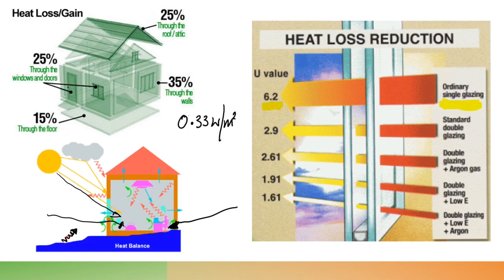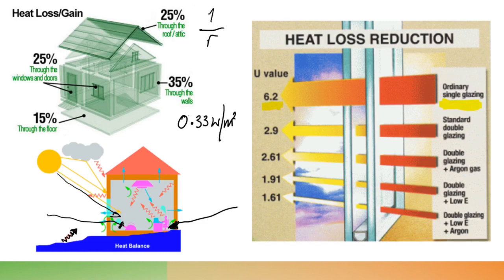Okay, so what happens with U value is that it's the reciprocal, so we've got 1 over R, and the R is the total amount of resistance for all of the fabrics that make up the wall.